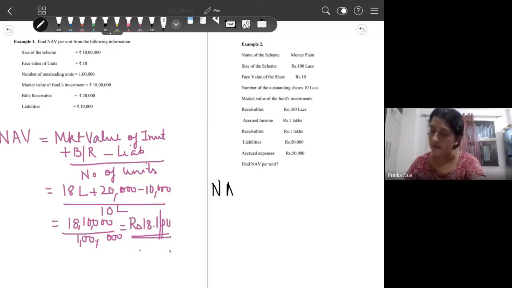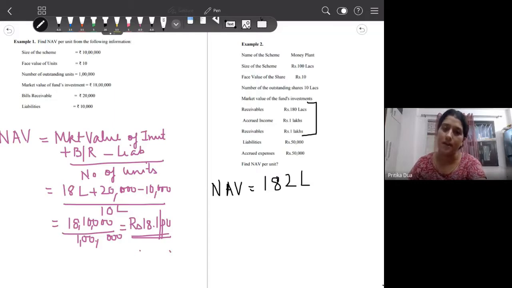So the first three terms, 182 lakh, minus 1 lakh, because 1 lakh is the outstanding liabilities which the mutual fund owes.